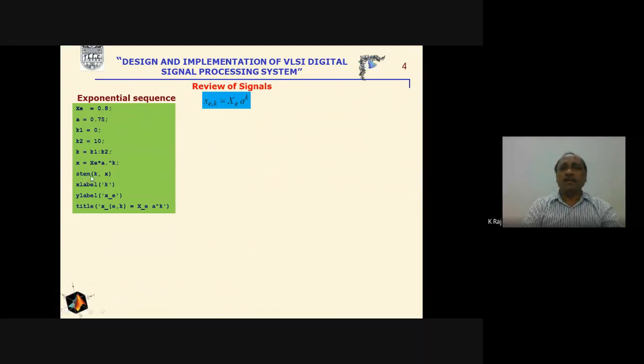Then we will generate the discrete time signal, and in order to generate the stems of the discrete time signal, we can utilize a function named stem. The stem function will generate the discrete time sequence. If we are interested in writing k on the x label, we can write xlabel, and in the parenthesis, in single inverted commas, we write k.